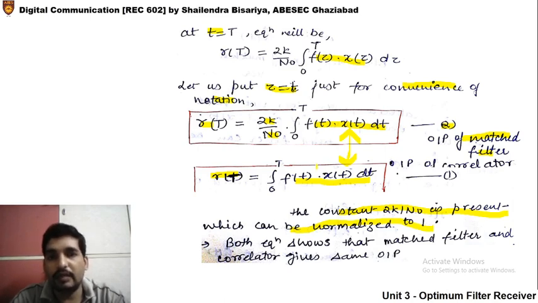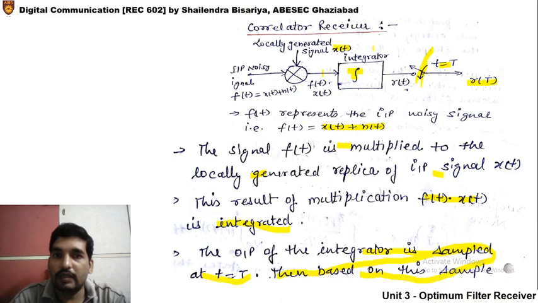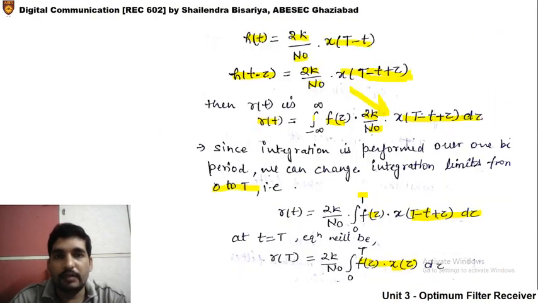Both equations show that the matched filter and correlator give the same output. That is our aim: to understand why the correlator receiver is also known as the matched filter, because it gives the same output. However, these are two distinct things. This was the first point.